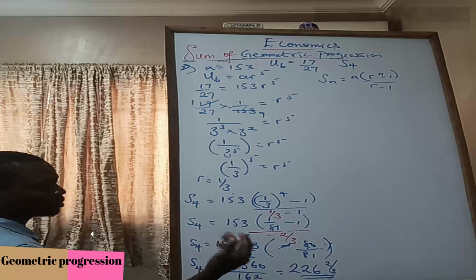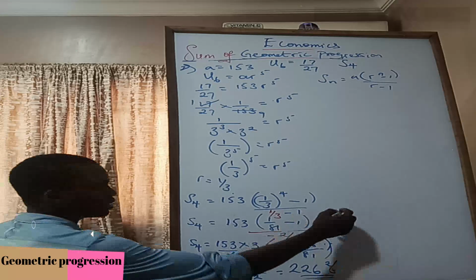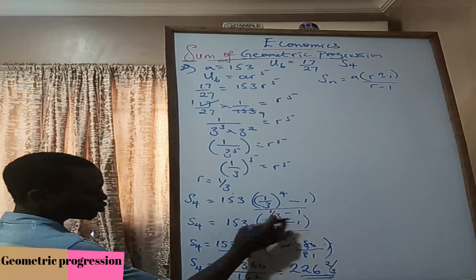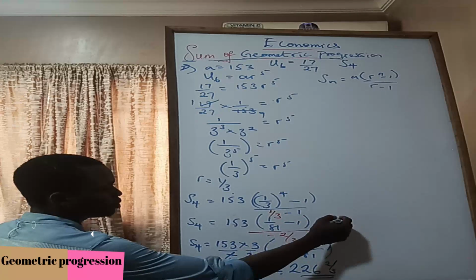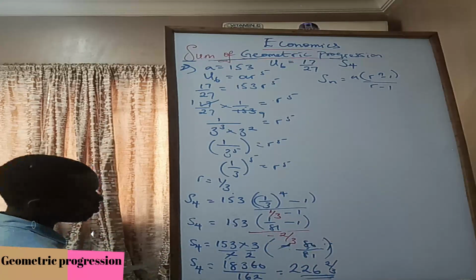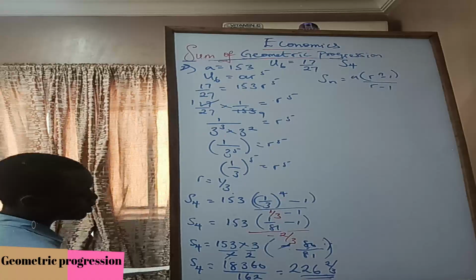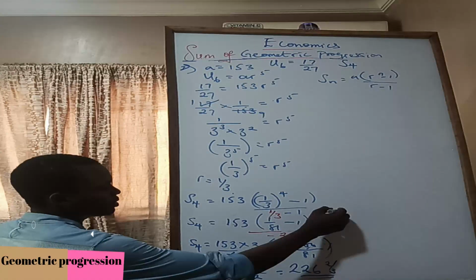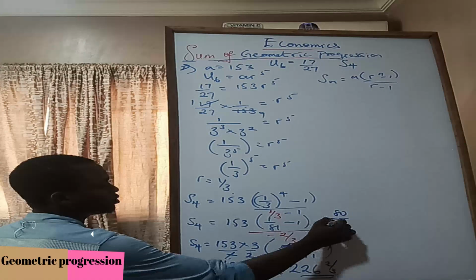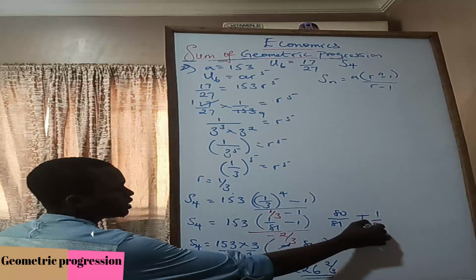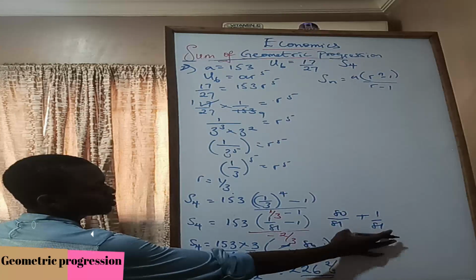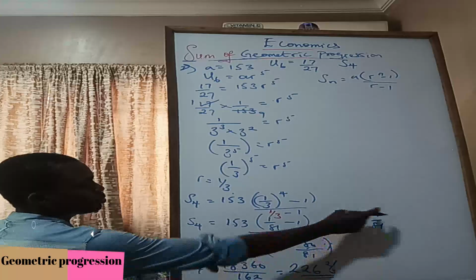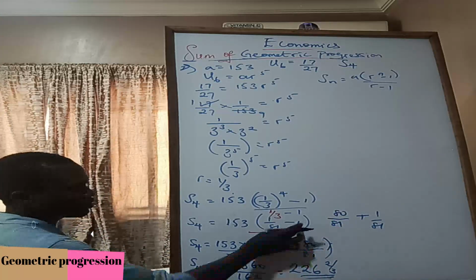1 over 81 minus 1. If you want to express 1 in terms of 81, that's going to be 80 over 81 plus 1 over 81. Since they have the common denominators, you know from primary school, 80 plus 1 is 81, then over 81, that will give you this 1 here.